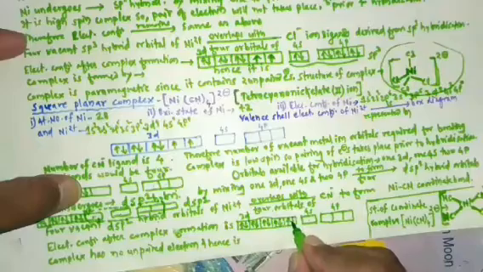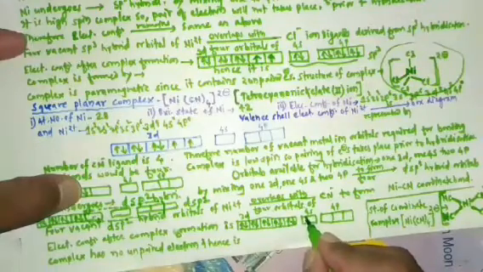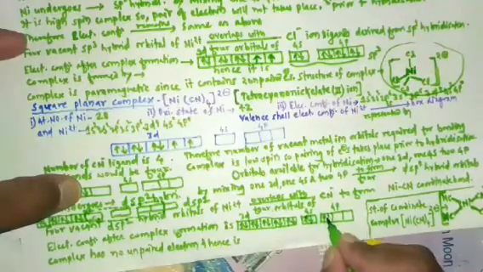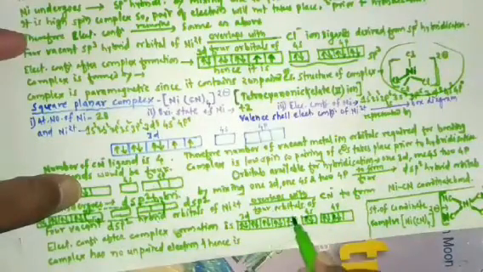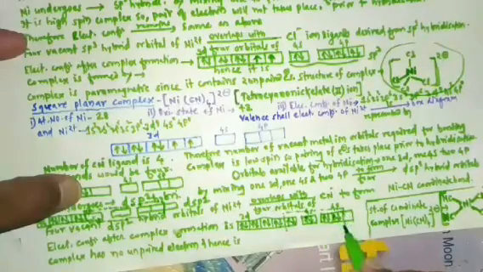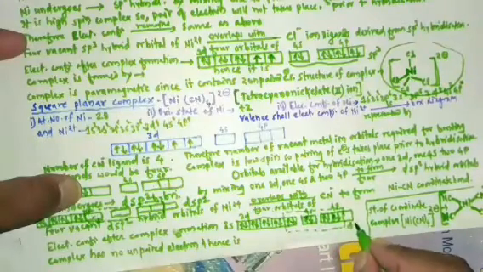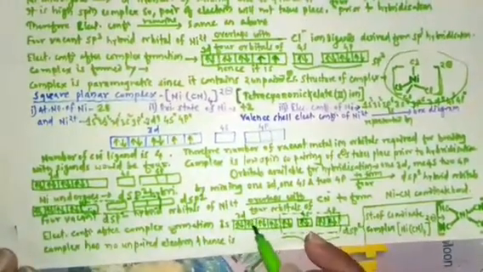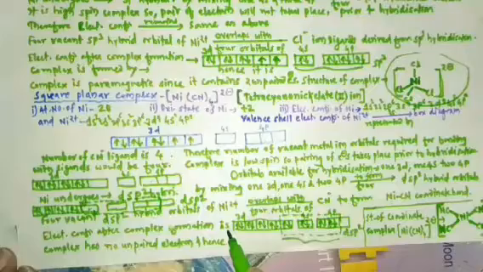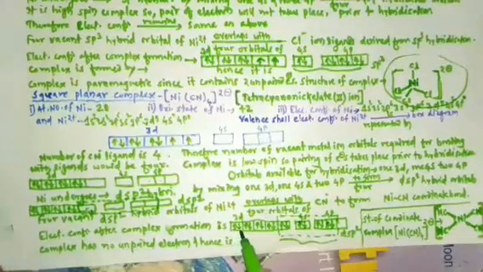Therefore these are the electrons of ligand 1, then 2, then 3 and then 4. Here the hybridization is dsp2 hybridization. So this is the electronic configuration of this particular complex.